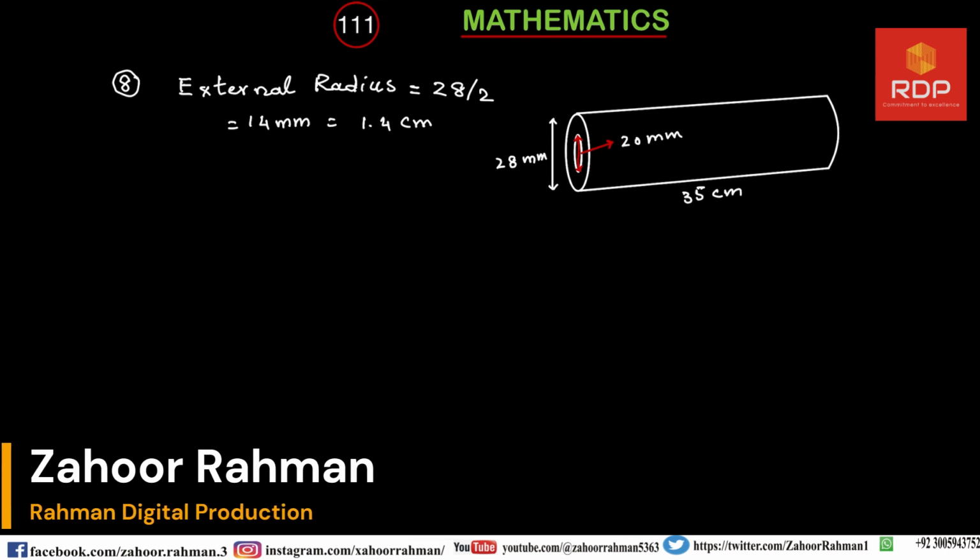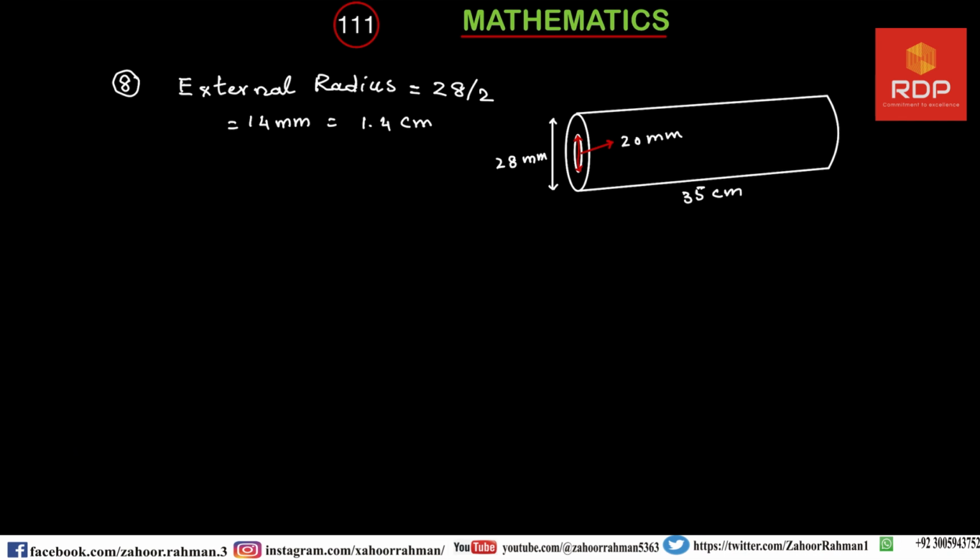So we divide by 10 and we get 1.4. Now we have to find the internal radius. For this we divide 20 by 2 and we get 10 millimeters, and then we convert it to centimeters, as we know that 1 centimeter is equal to 10 millimeters.